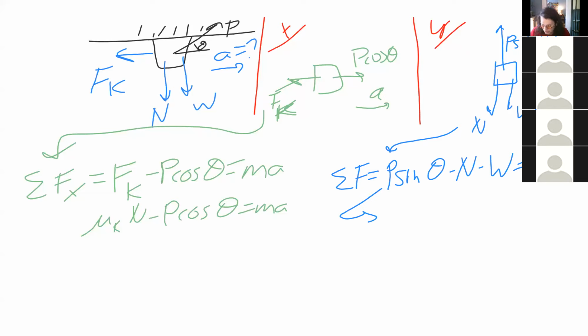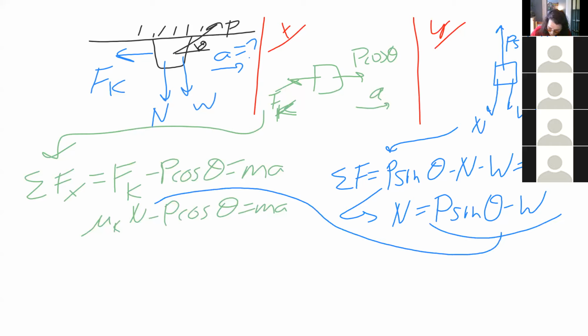Trusting you to do the algebra here. Just add the normal force to both sides. Normal force is equal to P sine theta minus W, the weight. Now we know everything on the right-hand side because our weight is mg. So we can go ahead and do a substitution here for the normal force.